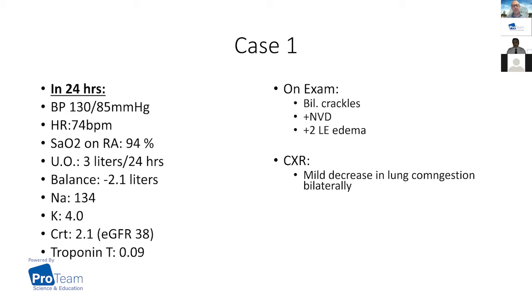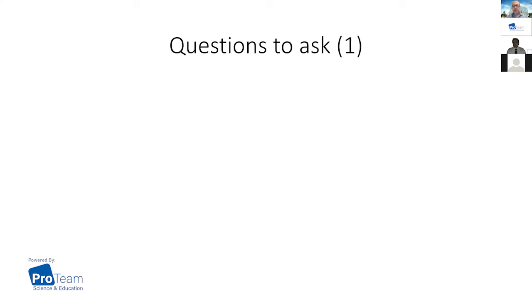Creatinine bumped up to 2.1 from 1.7, knowing his baseline 1.5, with an estimated GFR of 38, and his troponin was still stable. On exam, bilateral crackles were reduced, neck veins were still elevated, and he still has lower extremity edema. Chest X-ray showed a mild decrease in lung congestion, but it's still present.